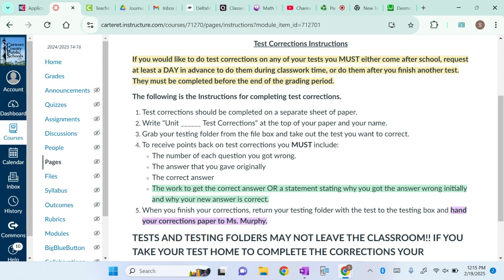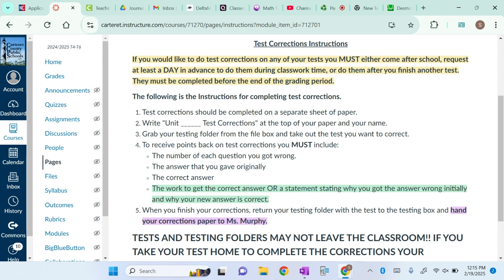Yours will be right here, back here, behind the green. I will have the tabs labeled as your student number for this classroom, so it'll be from 1 to 14. If you don't know it, you need to see me. Inside the hanging folder is a manila folder. That's where I'll put your tests after you finish them.